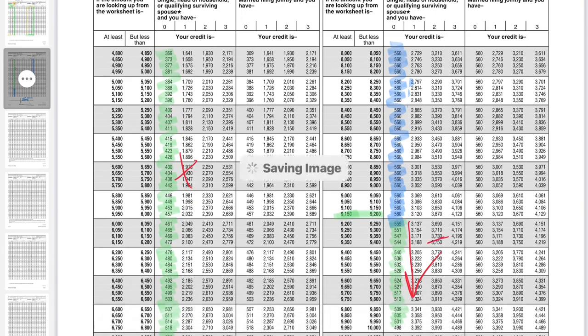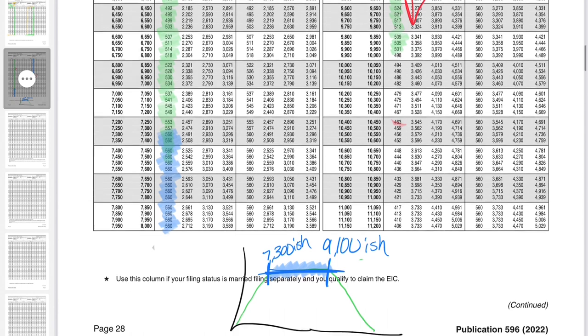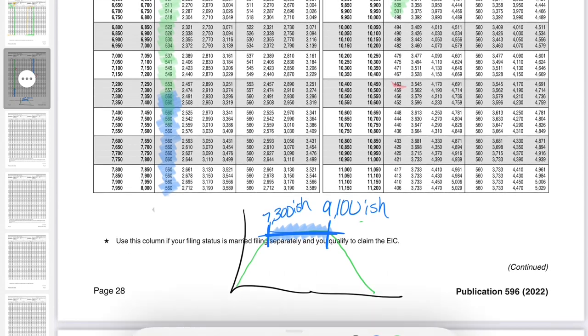So at this point I must be on what we call the phase out. It's really simple to use this table: just come to this amount and ask, how much does this person get for their earned income credit? Well, they made $11,150, so their earned income credit is $406.